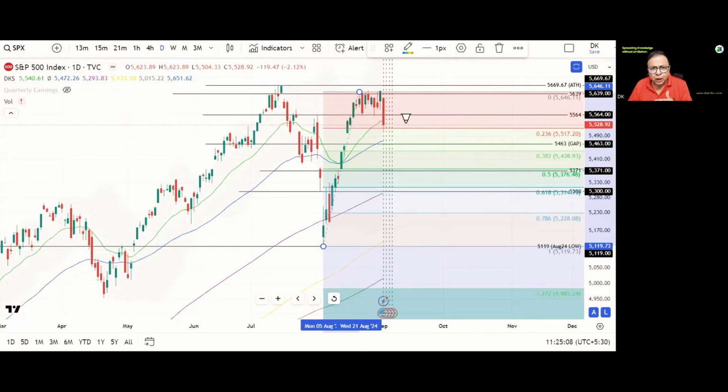It is simply because the price is resting on EMA 21, and it seems that this could be the possible level of mean reversion as well. So I don't see the price action of yesterday, a single day fall of 2.12% in S&P 500, looking very scary at this point of time. Yes, the market never goes in a straight line up. It was a very sharp recovery with a parabolic rise.